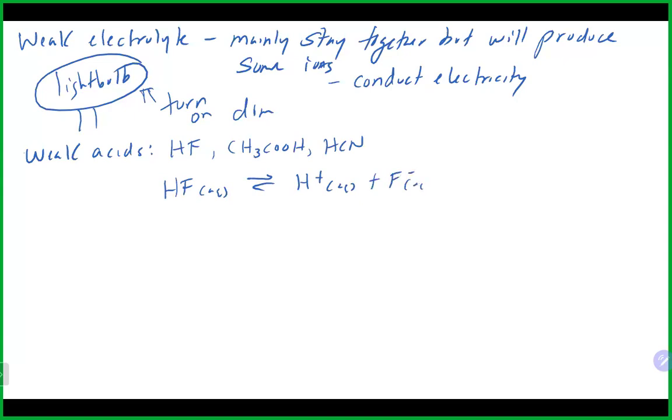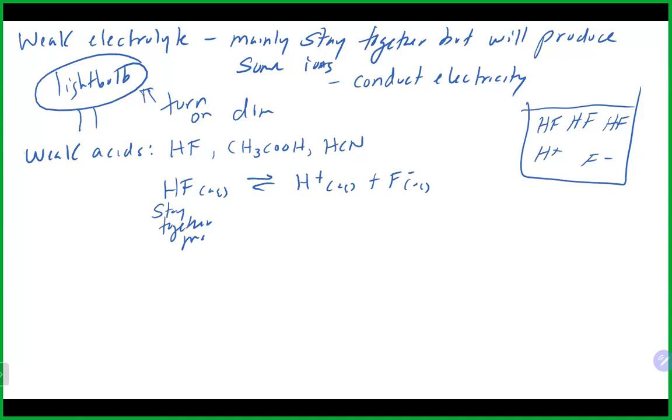The difference is when you look at that beaker, you're going to mainly have HF units still together, and just a little bit of free ions in that solution. So it's going to mainly stay together, but you will get a little of these ions in solution. And again, because it's able to create just a little bit of ions, it's able to conduct electricity a little bit. Again, not anywhere near what a strong electrolyte could.